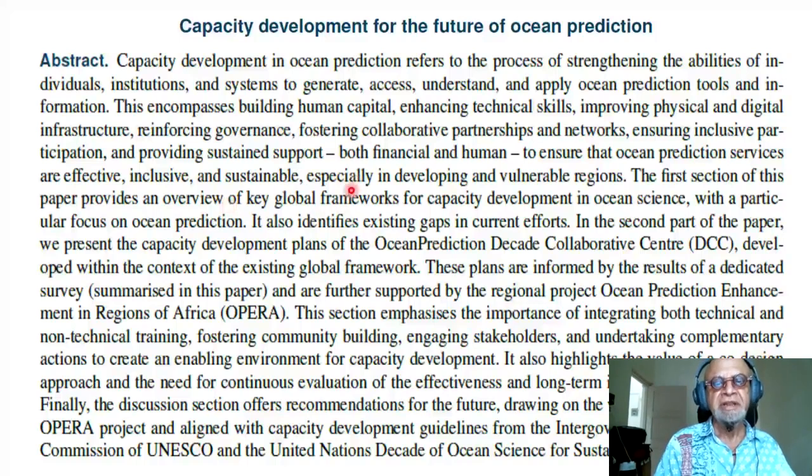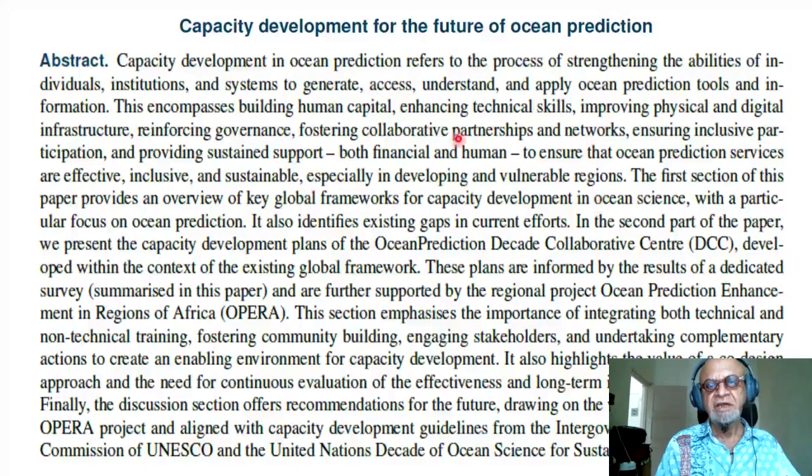So the capacity building encompasses building human capital, enhancing technical skills, improving physical and digital infrastructure, reinforcing governance, fostering collaborative partnerships and networks, ensuring inclusive participation and providing sustained support, both financial and human, to ensure that ocean prediction services are effective, inclusive and sustainable, especially in developing and vulnerable regions.